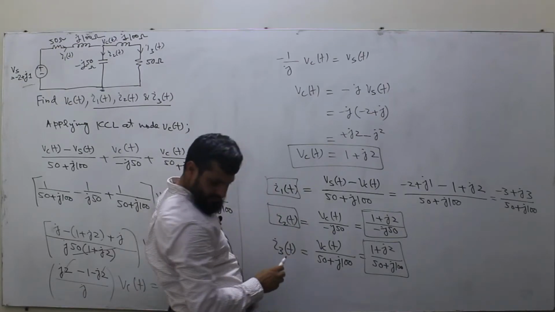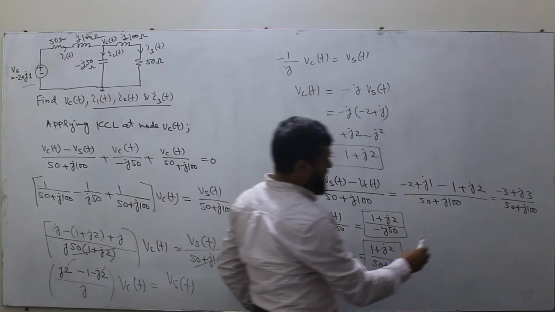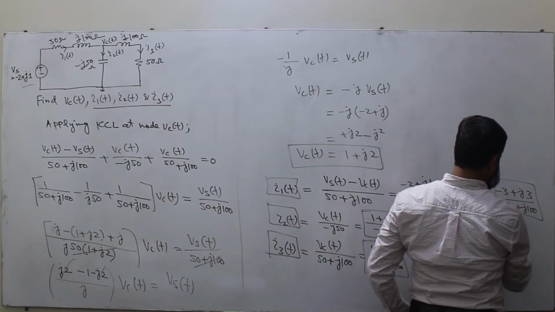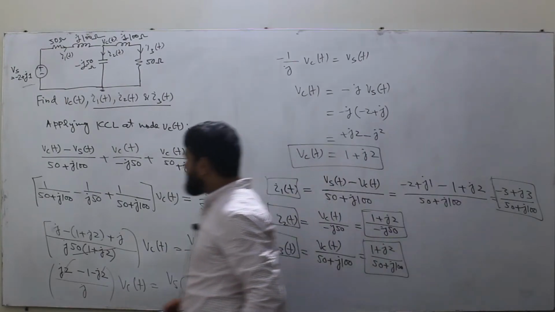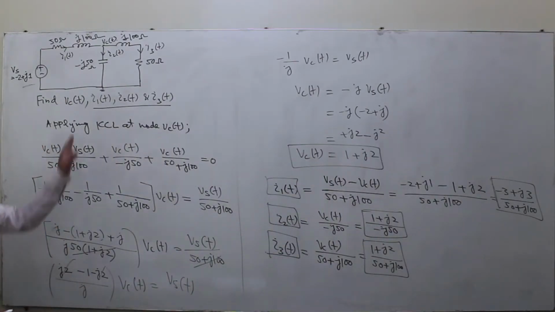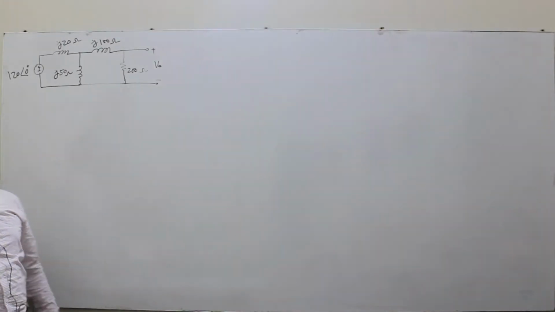So actually, in other words, you can also say these are your answers. So this is how we have found all the currents and the required voltage. So this is finished.